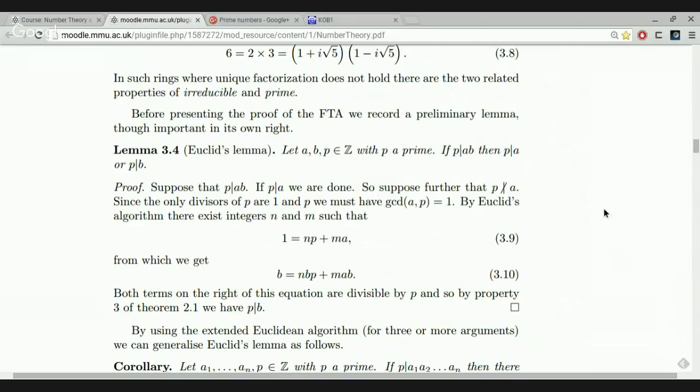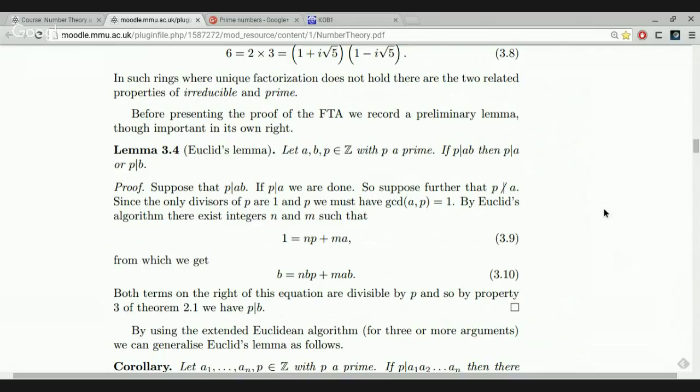Just to see some examples, 2 divides 100, so 2 divides 4 by 25. You can see that's true because 2 divides the 4. In the same way, 5 divides 4 by 25, because 5 divides the 25, so of course it's going to divide 4 times 25. Whenever you see a prime dividing a product of 2 numbers, it must divide at least one of the numbers.